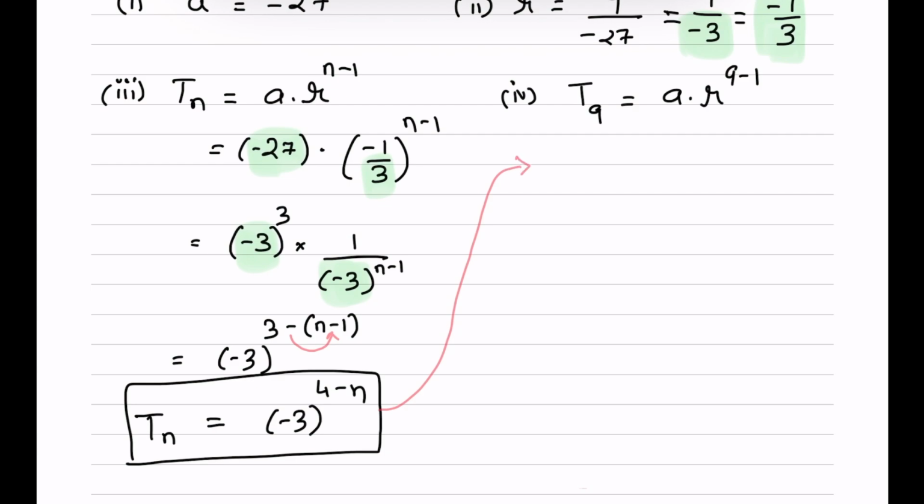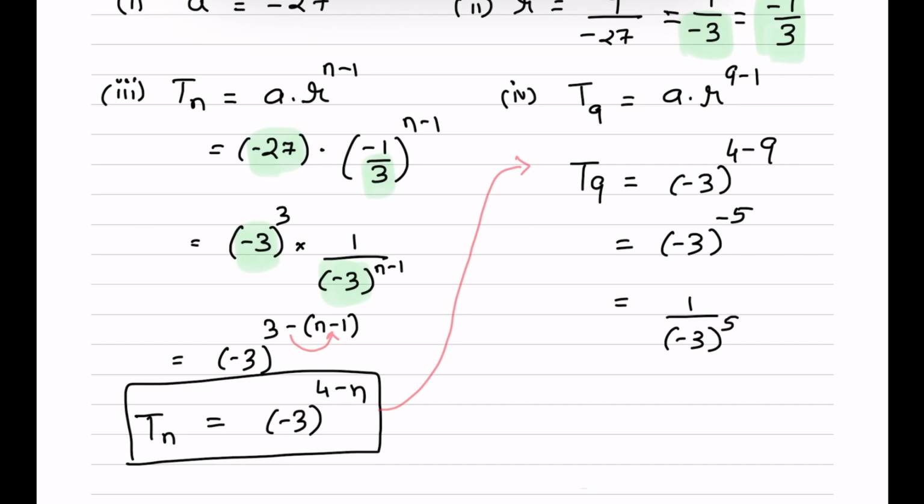So using this directly, T9 equals negative 3 raised to 4 minus 9, which gives negative 3 raised to negative 5. To make the power positive, we take the reciprocal of the base, 1 upon negative 3 raised to 5. So the ninth term of this geometric progression is negative 1 upon 243.